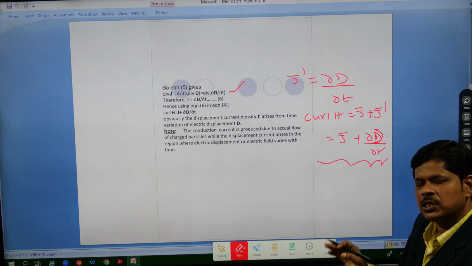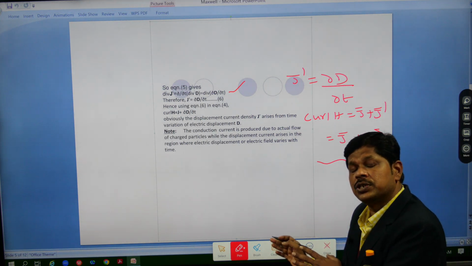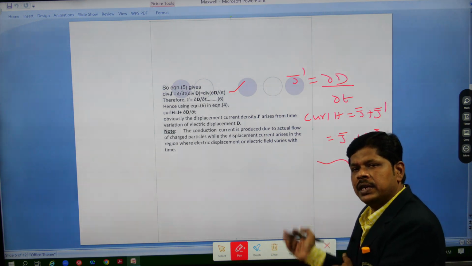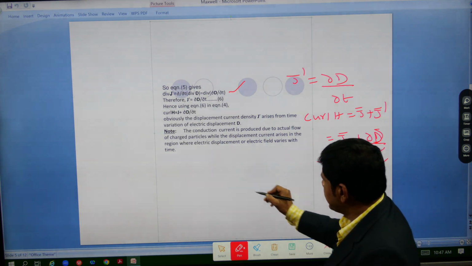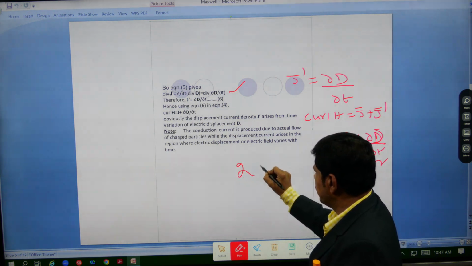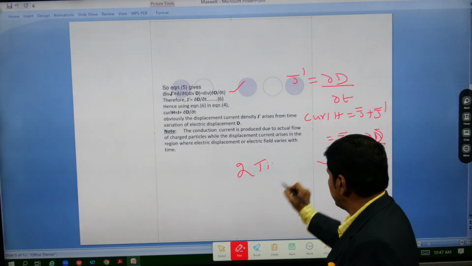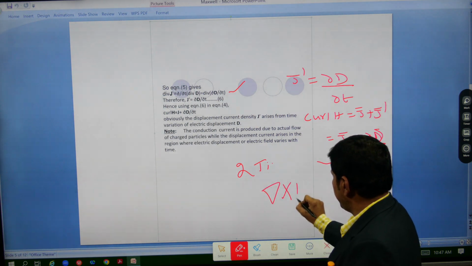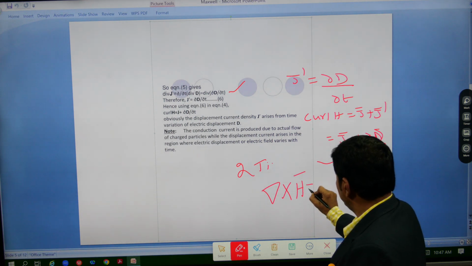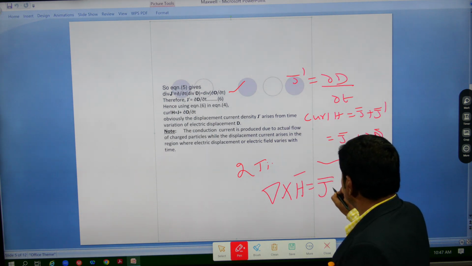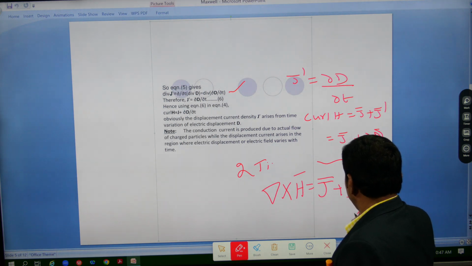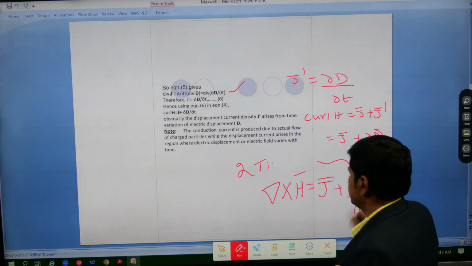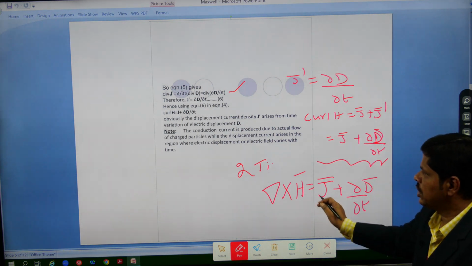Like this, Maxwell changed every steady state equation to a time varying equation, and totally he proposed two time varying equations. Finally we can write this as del cross, curl H bar is equal to J bar plus dou by dou t of D bar. This is Maxwell's third equation.